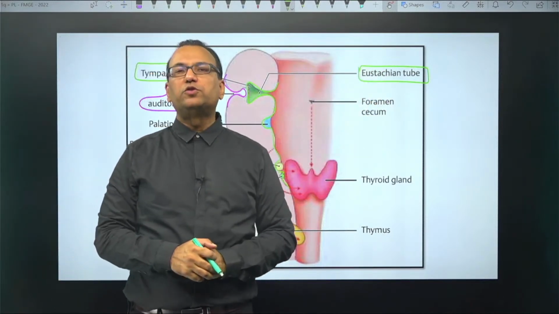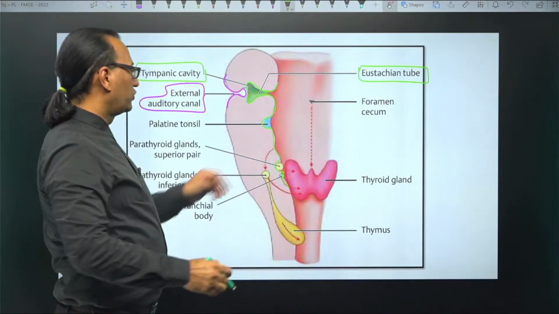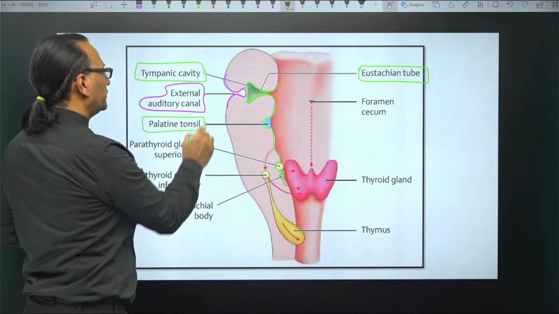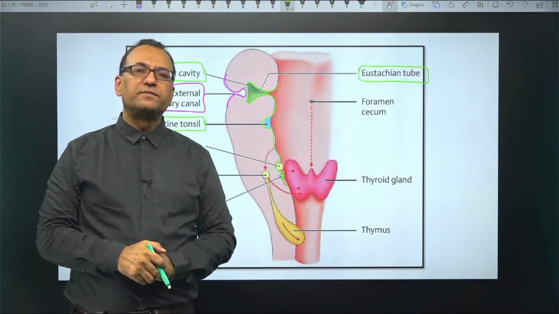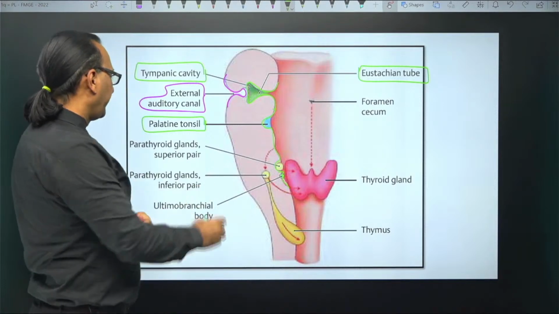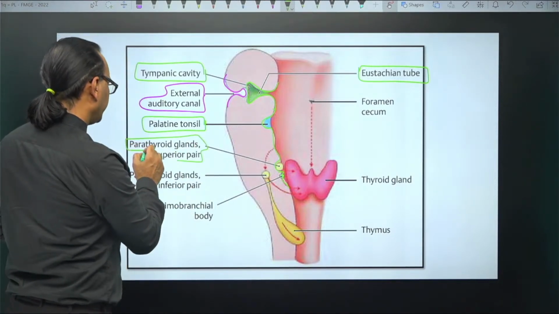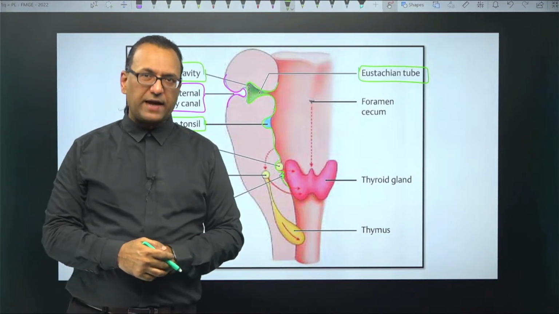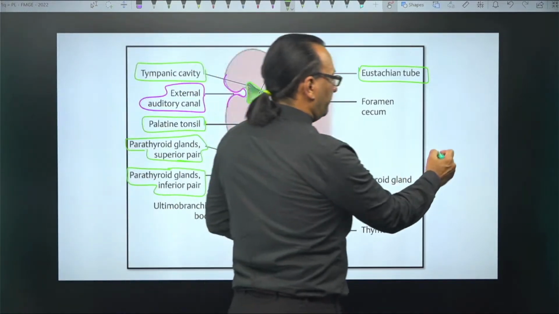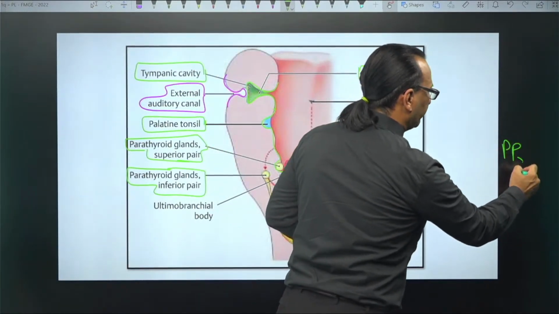What about pouch number 2? Pharyngeal pouch number 2 will give us the tonsillar epithelium. Tonsillar epithelium is endodermal in origin. Pouch number 3, if you remember, yesterday we were talking about pharyngeal pouch number 3. I gave you a mnemonic, PP3 tip.